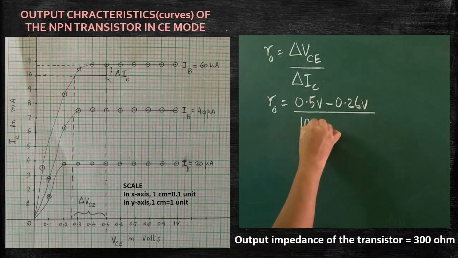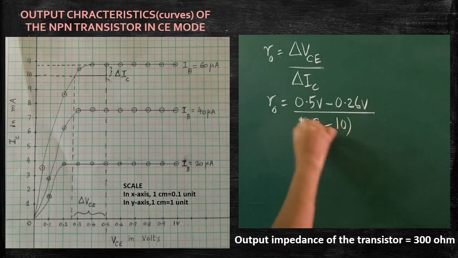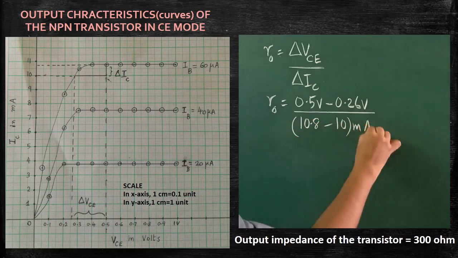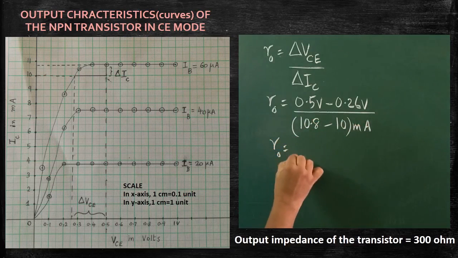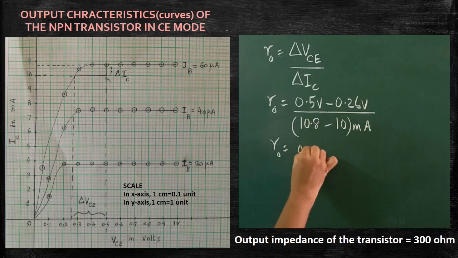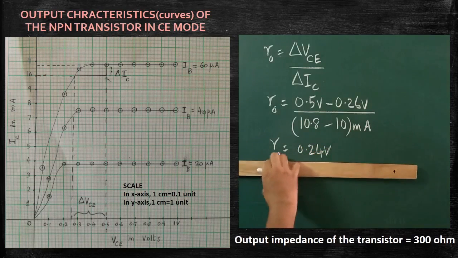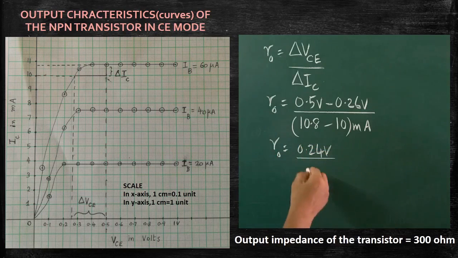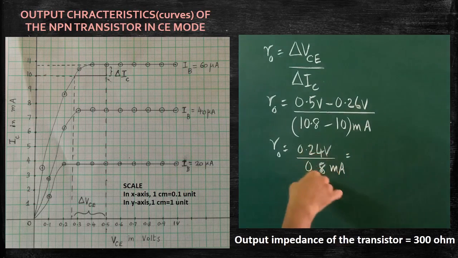The value is 10.8 milliampere minus 10 milliampere. So the values are given in terms of milliampere. So RO is equal to, find the difference, you will get 0.24 volt, divided by the difference, 0.8 milliampere. So find the difference.